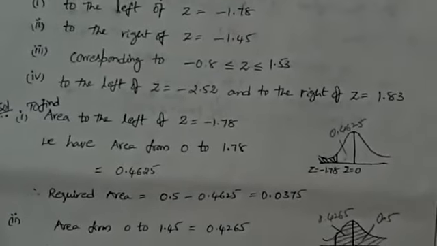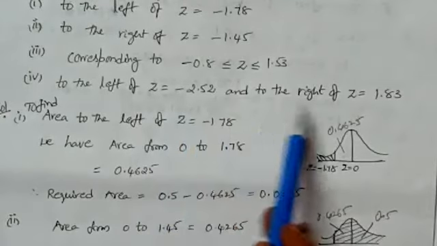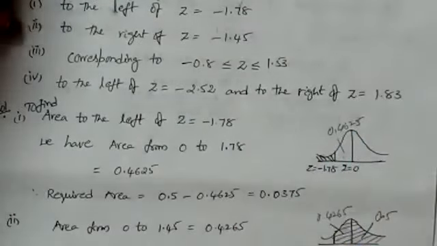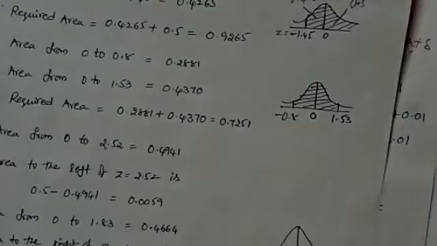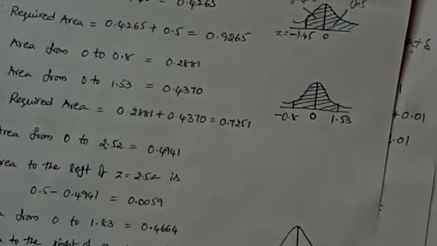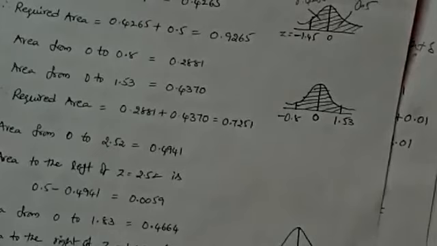And the next, what is the fourth question? To the left of z is equal to minus 2.52 and to the right of z is equal to 1.83. So I have located z value minus 2.52 here and z value 1.83 here.